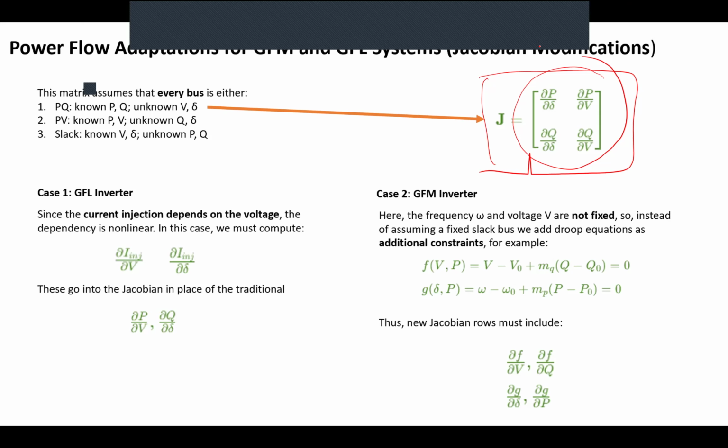Now we said in GFL we have to replace these P and Q functions with the current values.